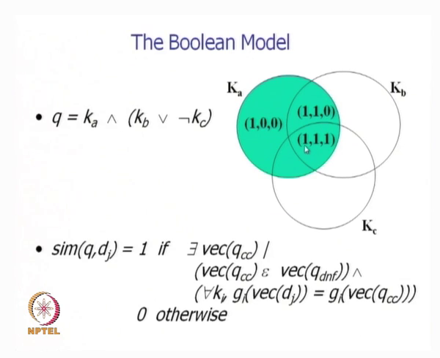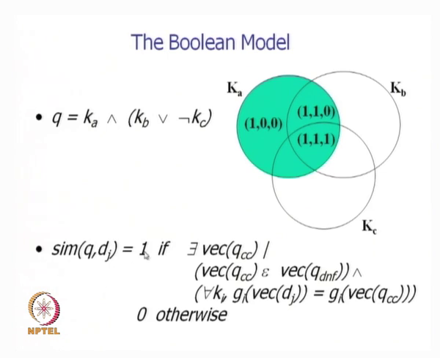That is why this conjunctive component 111 belongs to this intersection area. This is the area which contains Ka and Kb, but not Kc. Similarly, this is the area which contains Ka, but not Kb and Kc. So, this Venn diagram kind of picture expresses the conjunctive components very well.